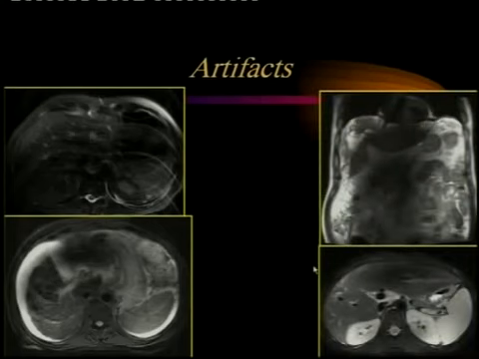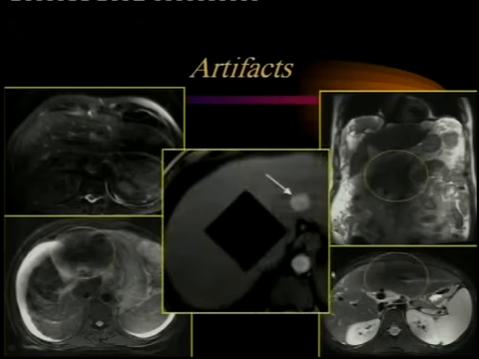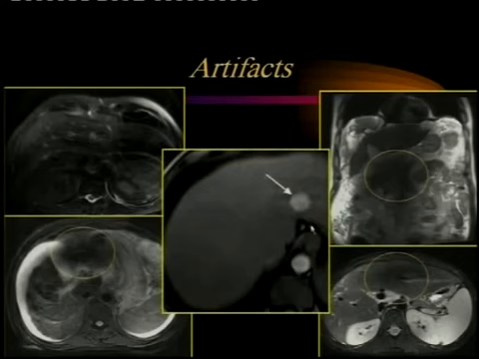There's also, particularly with the higher field units, the 3 Tesla units, many times you may encounter dielectric effects, although I think most of the vendors are starting to overcome this now with the newer units. And in addition to that, you get pulsation artifacts that occasionally can simulate lesions. So all of this you need to be careful with when you're dealing with MR of the liver.